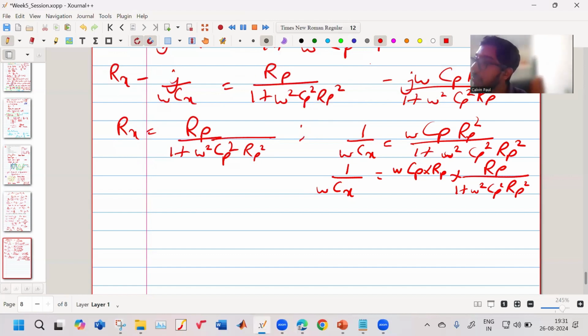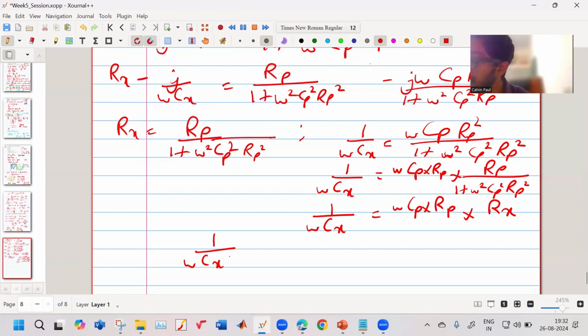Now what is Rp upon 1 plus omega square Cp square Rp square? That is equal to my Rx. So I have 1 upon omega Cx is equal to omega Cp into Rp into my Rx. Right? So further, I have 1 upon omega Cx into Rx is equal to omega Cp into Rp.